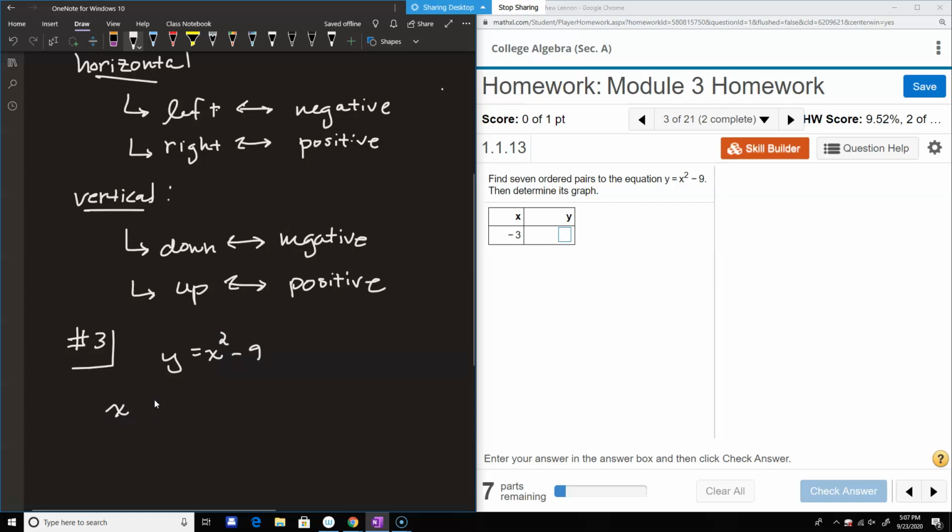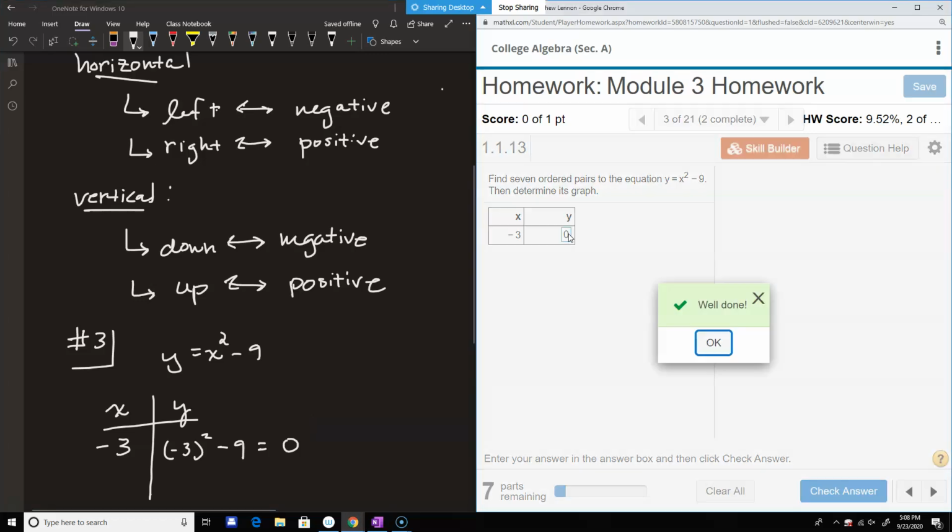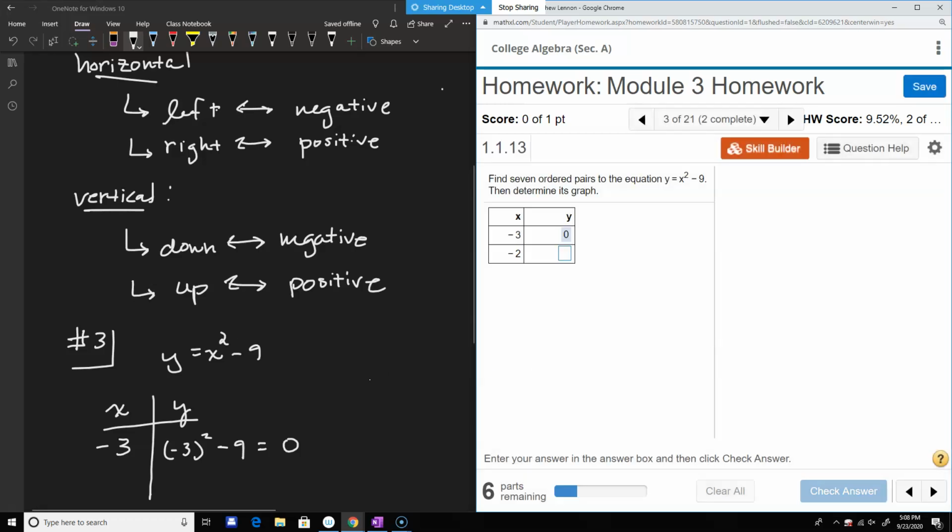So if you've got x and then y that you're trying to figure out, if you've got negative 3, as is listed here, then what you want to do is negative 3 quantity squared minus 9, which ends up as positive 9 minus 9, so that comes out to 0. So our ordered pair there is negative 3, 0, if we're going to graph it. So they do this with a bunch of these points. This is a parabola, so you might already have a guess as to its shape.